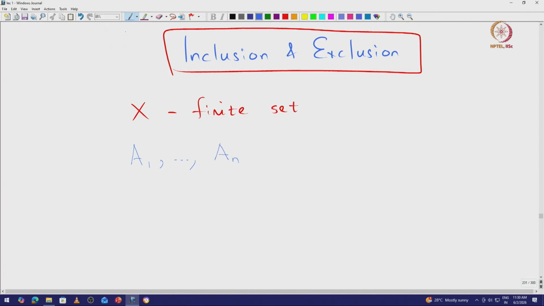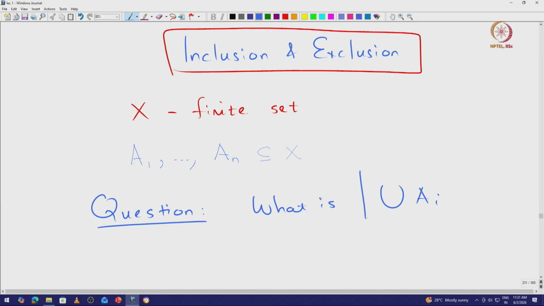So they are actually subsets of capital X. We want to actually find the cardinality of this union Ai. So that is the question. So the question is, what is the cardinality of union Ai, i ranging from 1 to n?